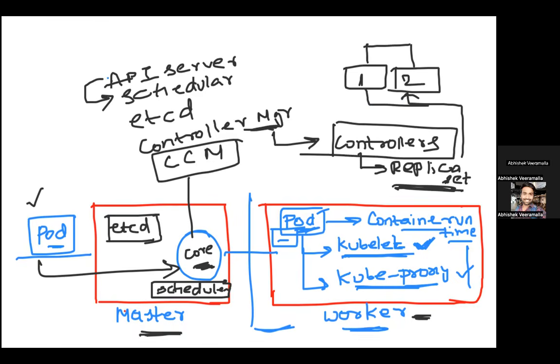In future classes, when we talk about deployments and services, you will understand by yourself what a controller manager is. But for now, just understand that in Kubernetes, by default, there are multiple controllers like replica sets, and there has to be a component which ensures that these controllers are running. That manager which is managing these controllers is called the controller manager.